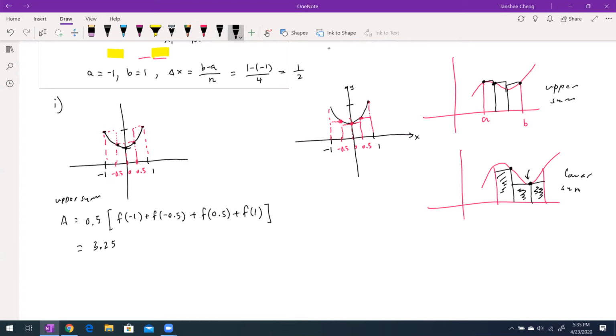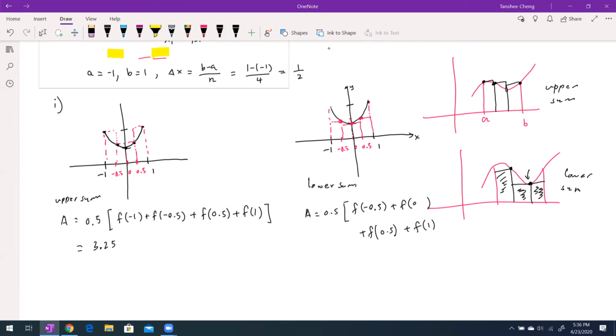So my computation for the lower sum will be the area equal to 0.5 times the function evaluated at negative 0.5 plus the function evaluated at 0, oh, did I miss it?